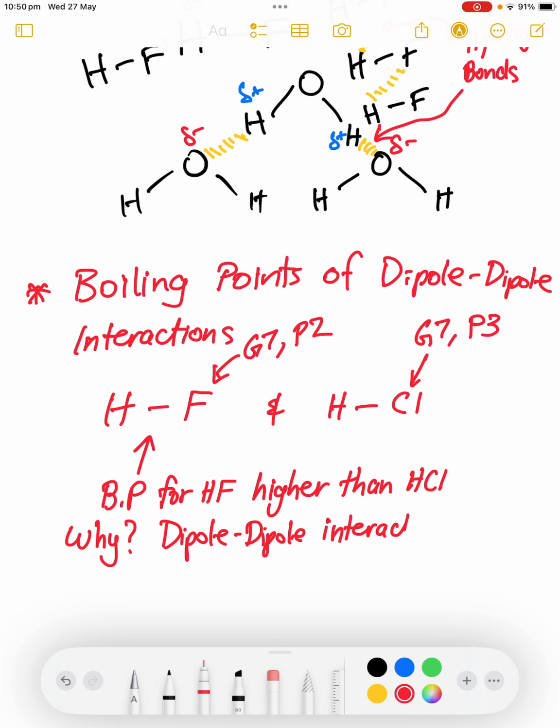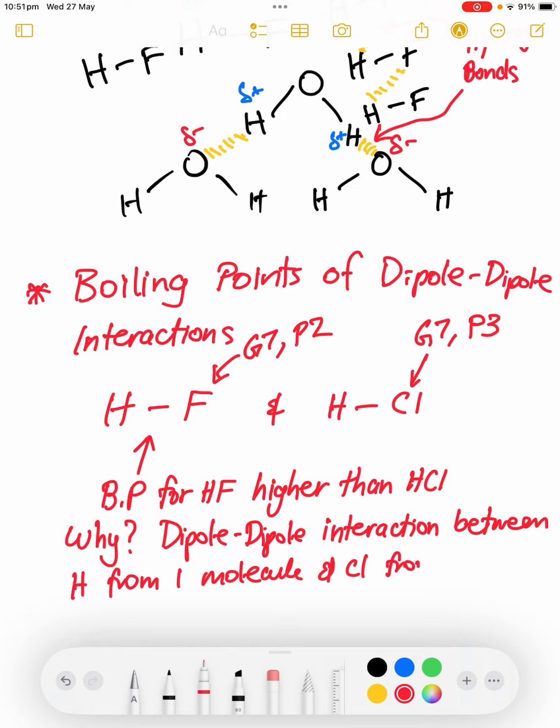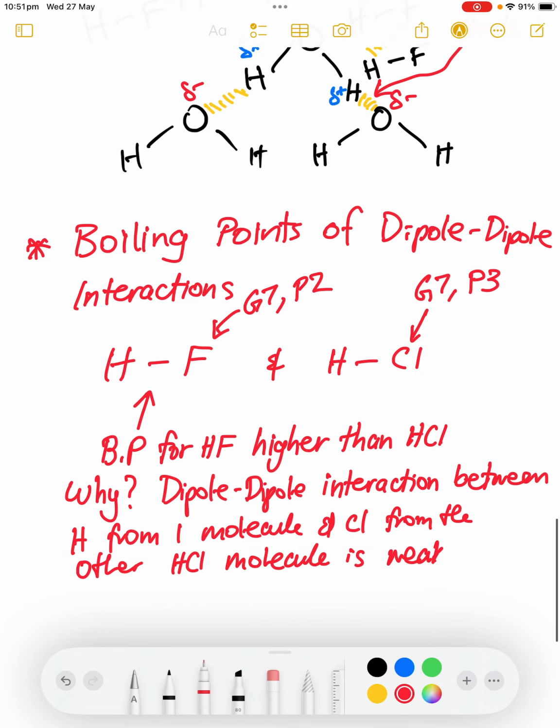Interaction between H from one molecule and Cl from the other HCl molecule is weaker than the hydrogen bonding in HF.